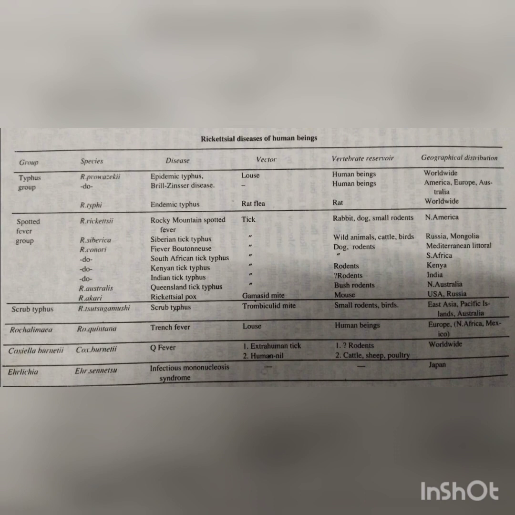Rickettsial diseases of human beings. Different species of the Rickettsia group lead to different infections among people all over the world. You can find them everywhere, and they lead to infections like the typhus group of fevers, spotted fever, scrub typhus, and Rochalimaea infections.